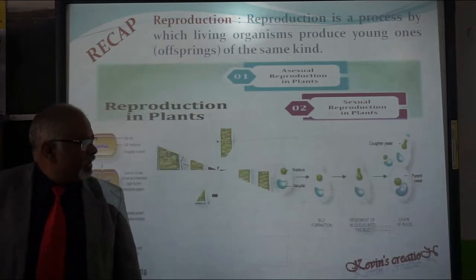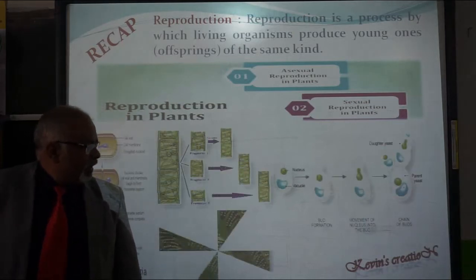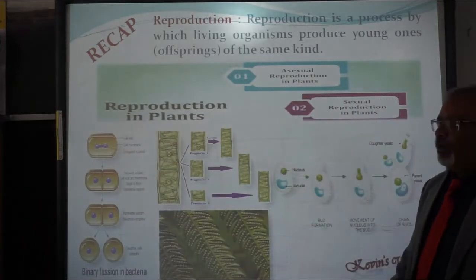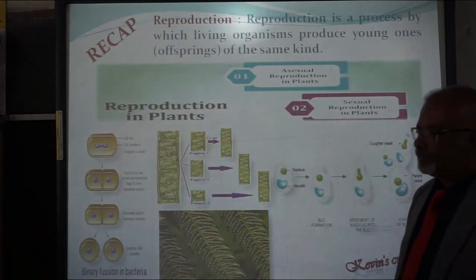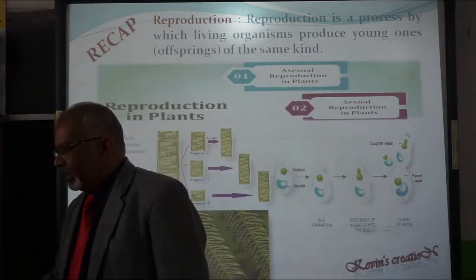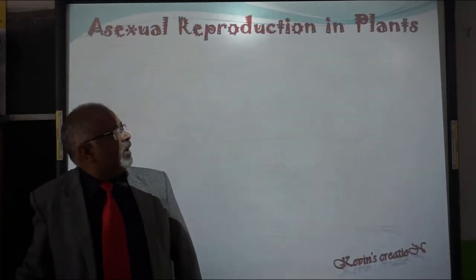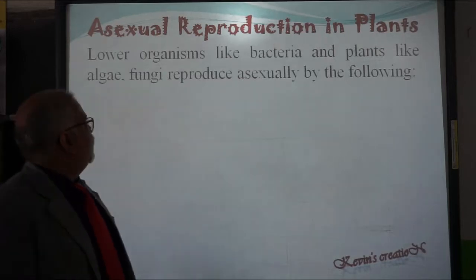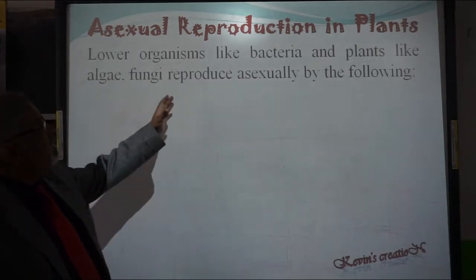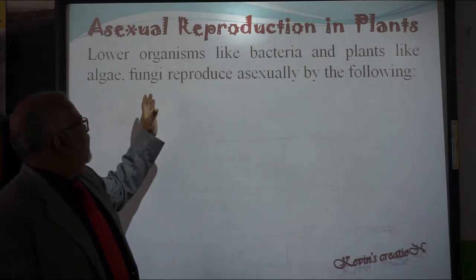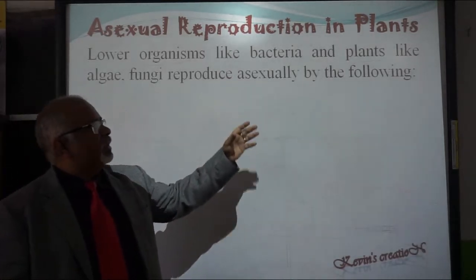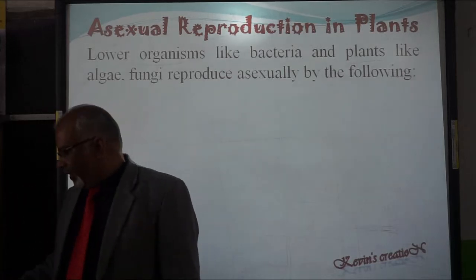These are the various types of asexual reproduction which we will be discussing in this class one by one. In the previous class, we already did this. Lower organisms like bacteria, and plants like algae and fungi, all reproduce asexually by the following methods.